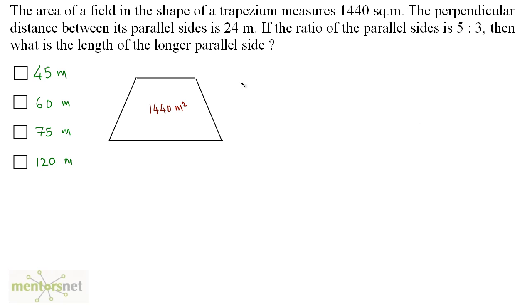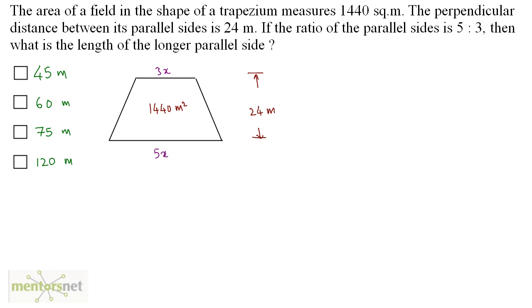And we have also been given the distance between the parallel sides, 24 meters. Now we have also been given that the ratio of the parallel sides is 5:3. So I can write the longer side as 5x and the shorter side as 3x.